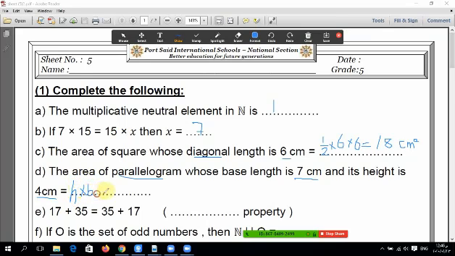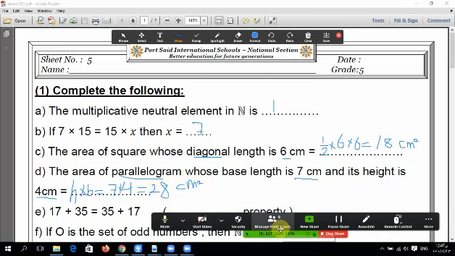So it's 7 times 4, which equals 28. Yes, 28 square centimeters. Okay, the next question, guys.